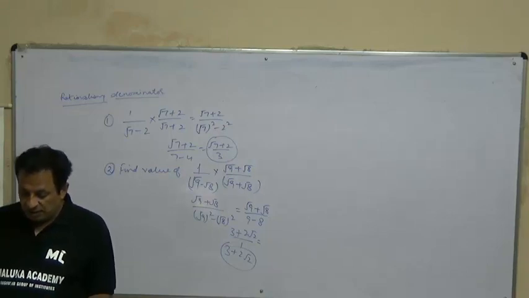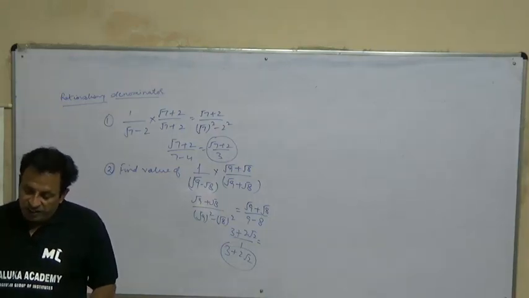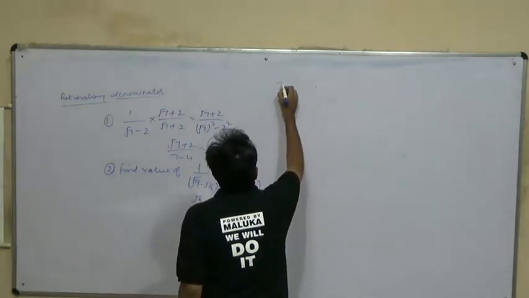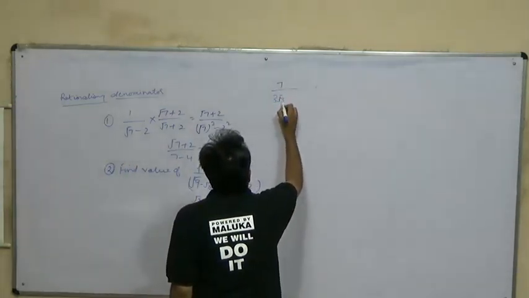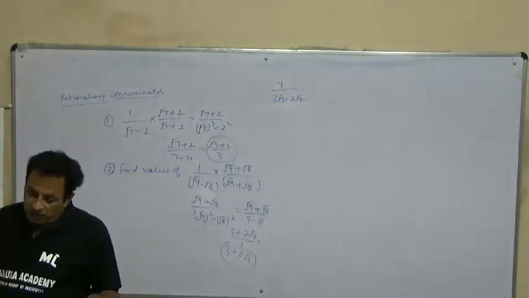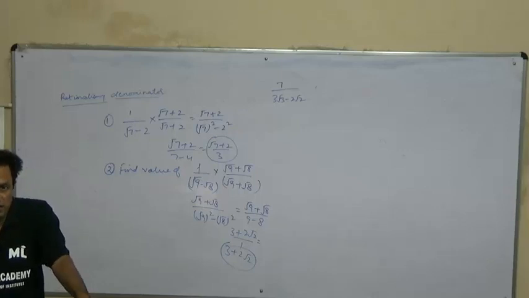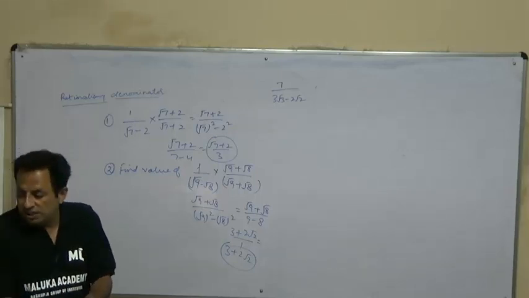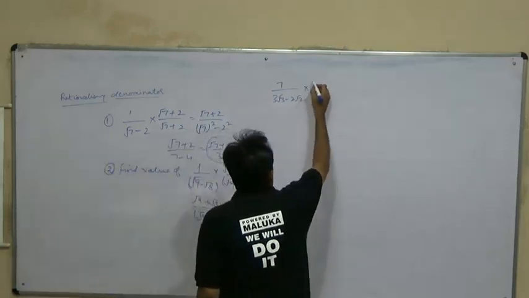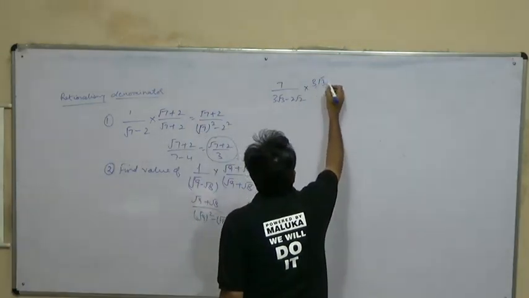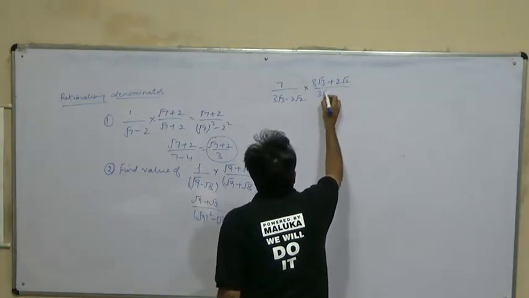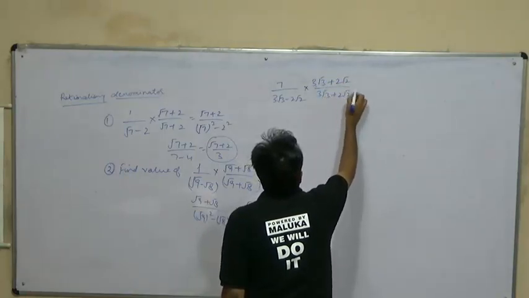The next is, what will be the denominator if we rationalize the number 7 upon 3 root 3 minus 2 root 2. We need to find out the value of the denominator after rationalization. So when we rationalize this denominator, this will be 3 root 3 plus 2 under root 2 upon 3 root 3 plus 2 root 2.